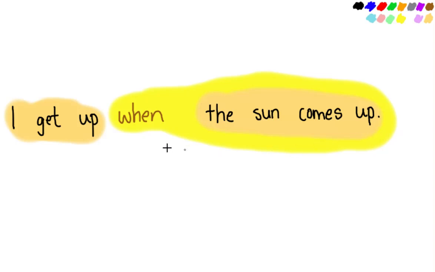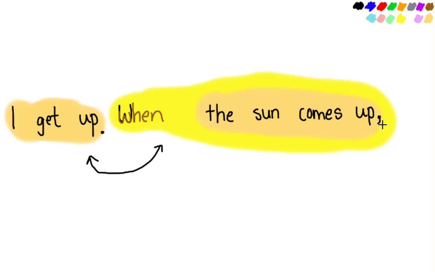But I can bring all of this subordinate clause to the front, and I can start with a capital W, saying, when the sun comes up, and then I will put a comma. When the sun comes up, I get up.